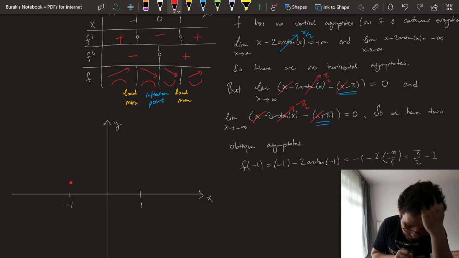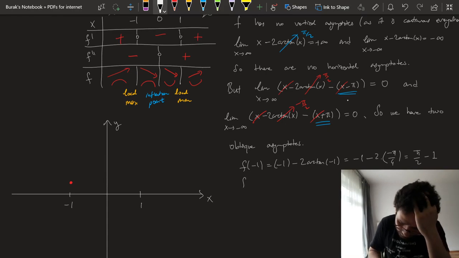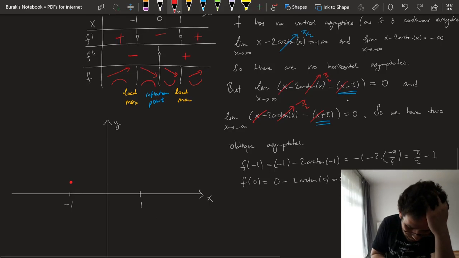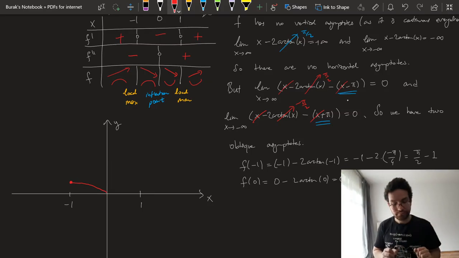Okay. Now, after this point, it's going to decrease in a concave down way until 0, at which the value of the function is 0. So it's going to decrease like this in a concave down way. Okay, good.